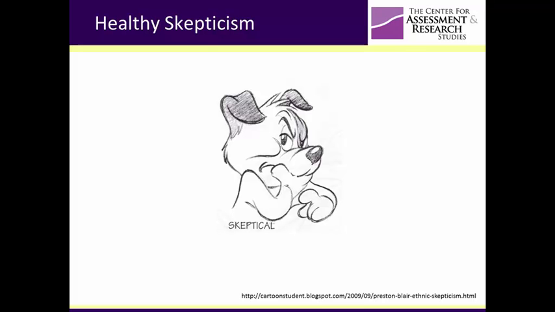So when I talk about healthy skepticism, it's really an effort to balance both of these ideas. In other words, we should persistently question whether evidence supports a claim, but we need to do this in such a way that we can ultimately avoid stagnation. With respect to assessment, we should question how evidence supports judgments about an educational program.